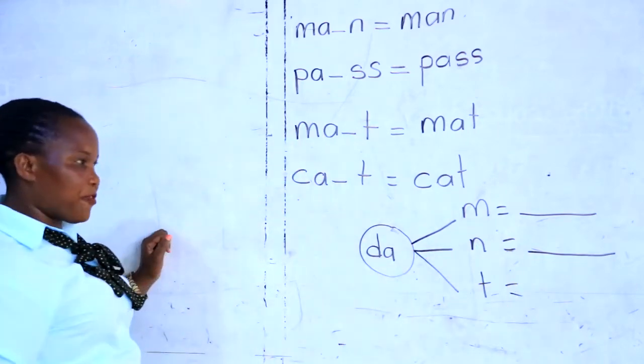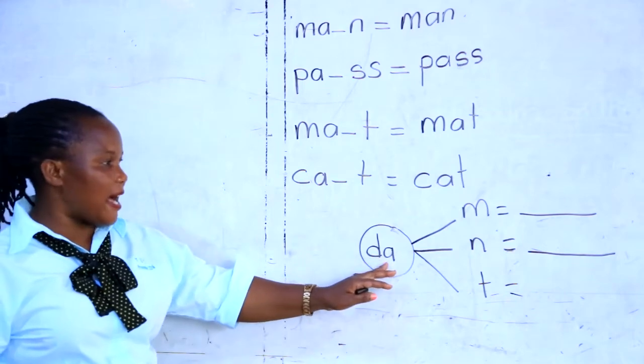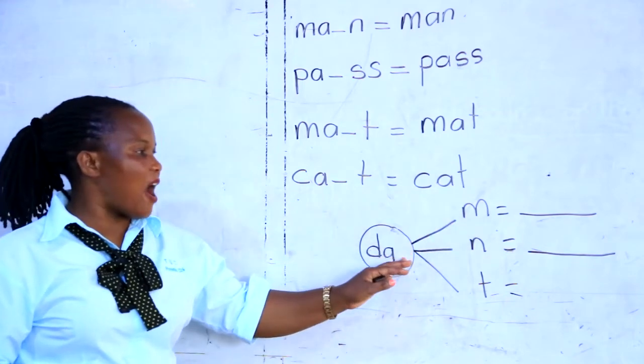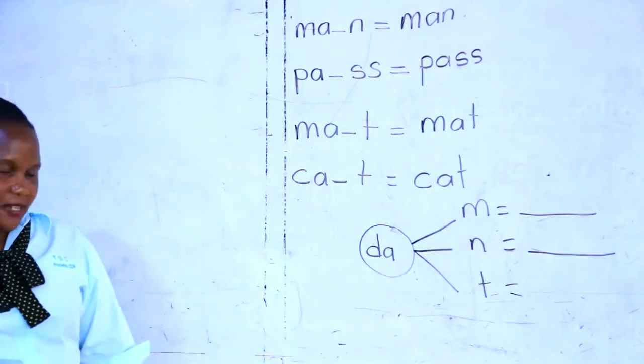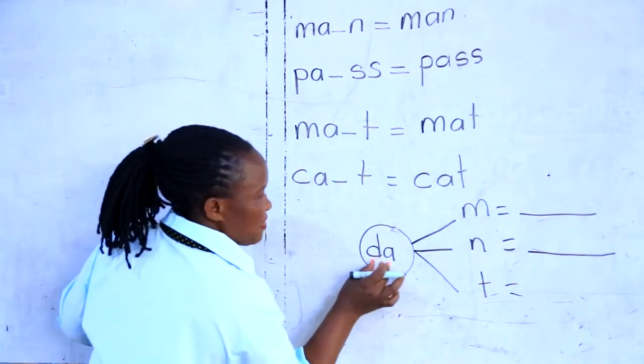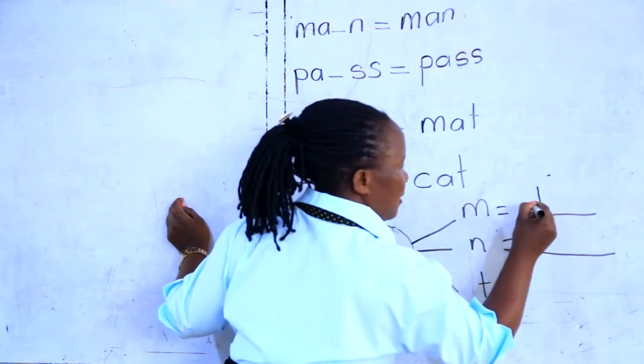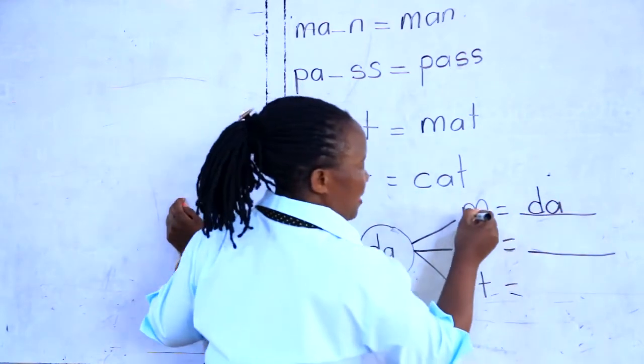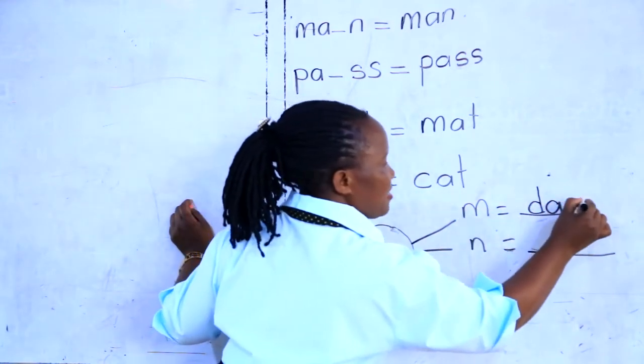Let's take an example of this one. Da. The word is da. Very good. Here write the word da. You start with this one in the circle. Da plus you get the word da.